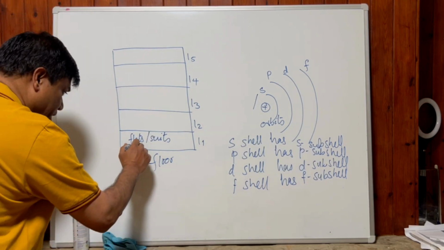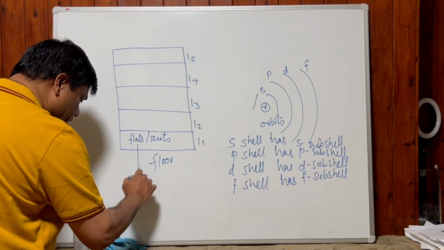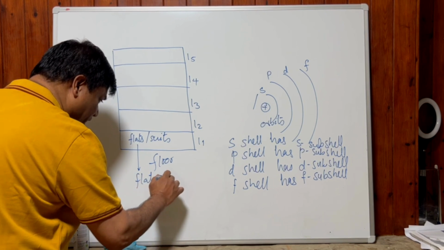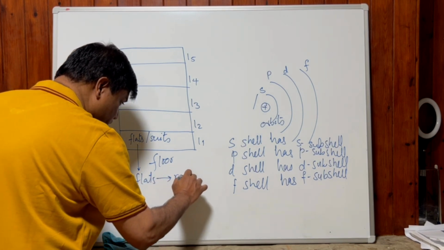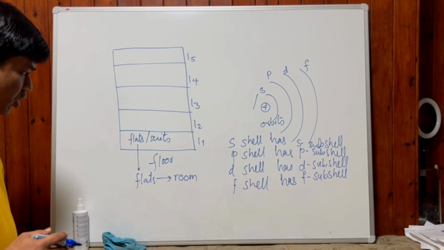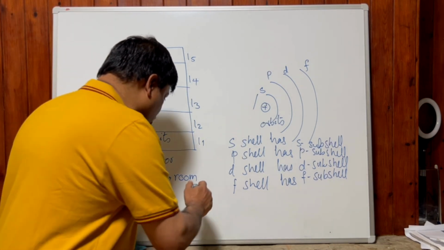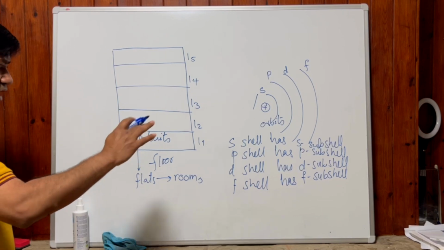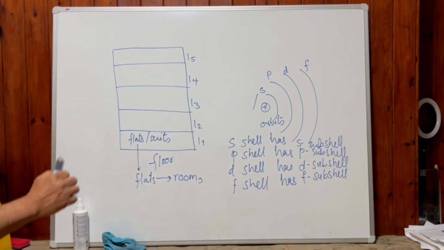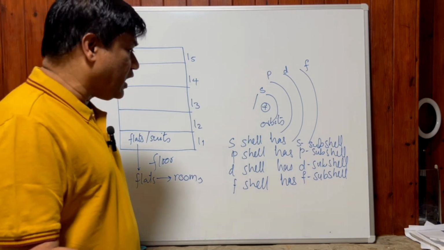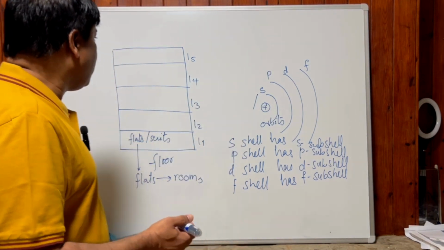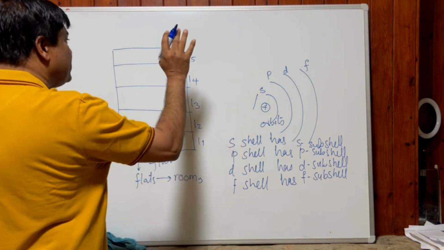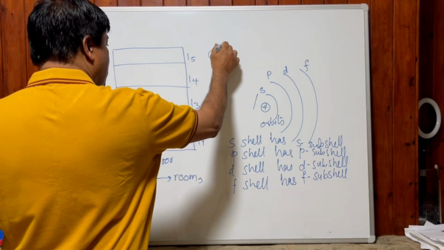Like when you zoom in on each flat, each flat has rooms. Definitely, a flat without rooms is not possible. So rooms resemble orbitals. I will write what is meant by the term orbital.